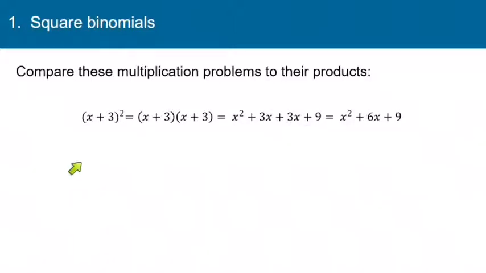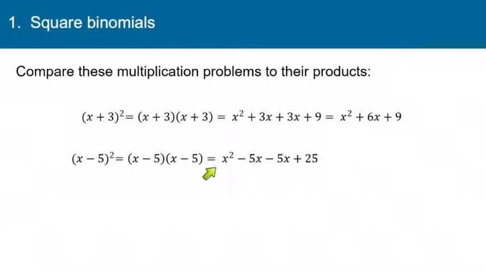Let's get another one to compare with. So here I have x minus 5 to the second power. That would be x minus 5 times itself. So first times first again would be x squared. Outer times outer would be minus 5x. Inner times inner would also be minus 5x. And last times last would be positive 25.